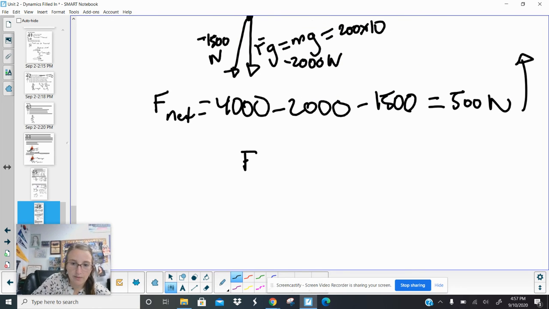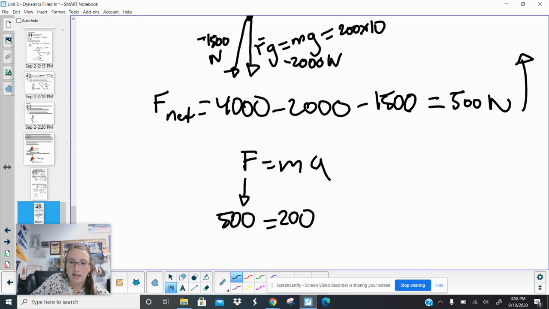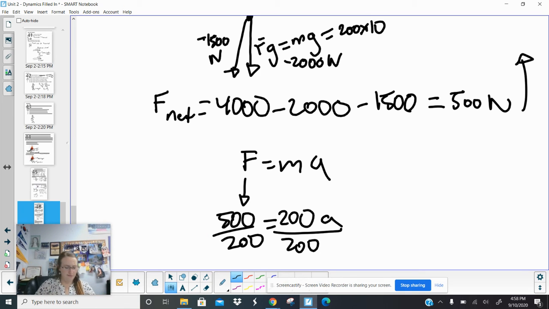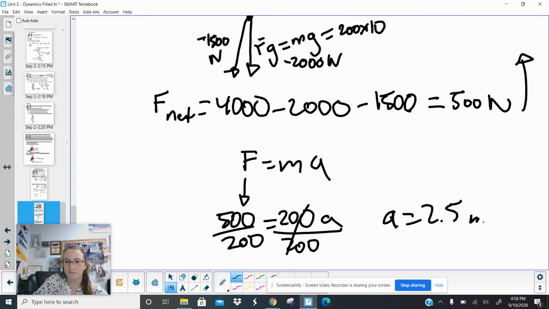So F equals ma. It's being pulled up with a net force of 500 newtons. Its mass is 200. We want to find acceleration. This should be, I believe, 2.5. Yes, 2.5 meters per second.